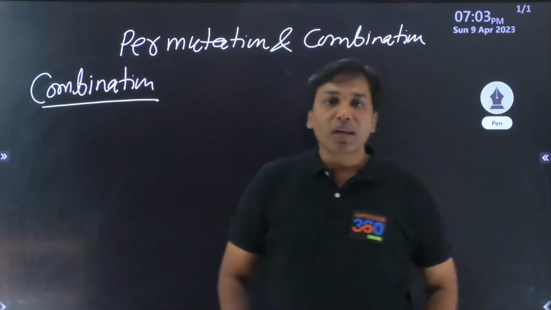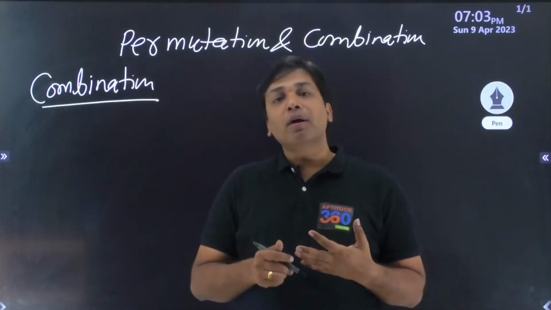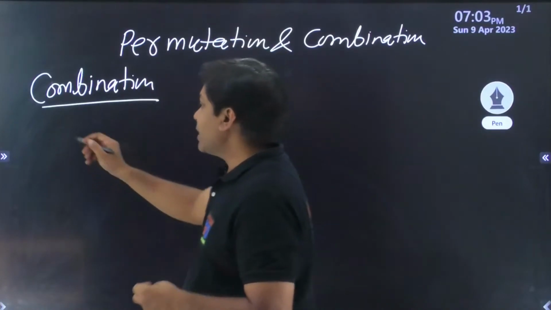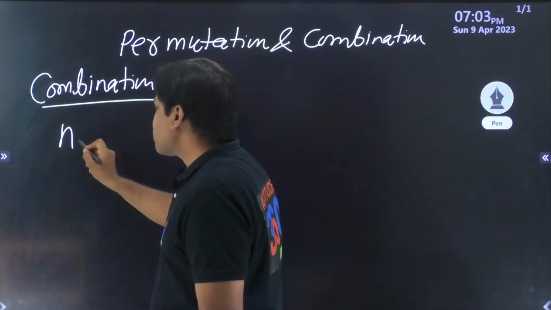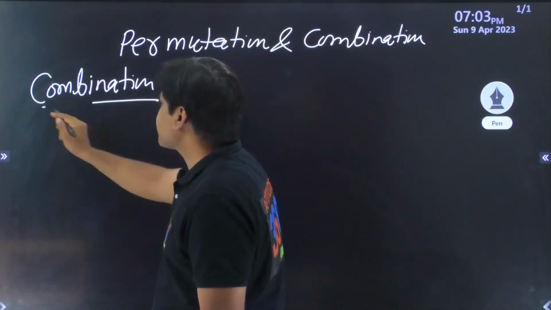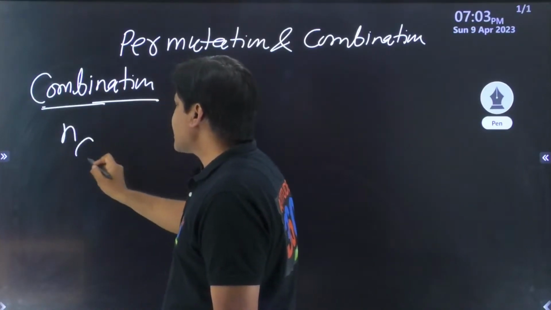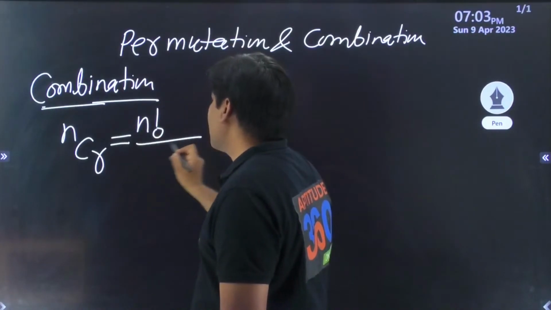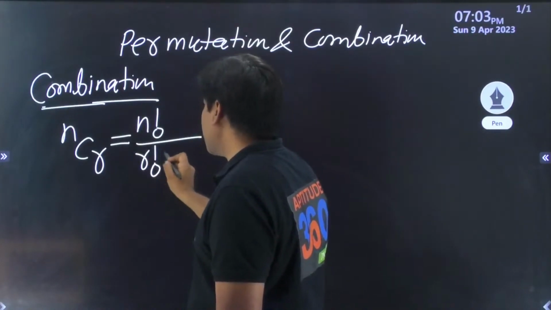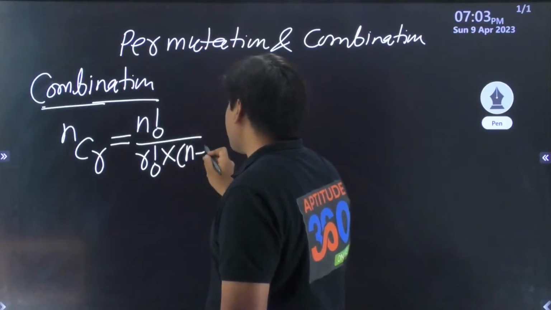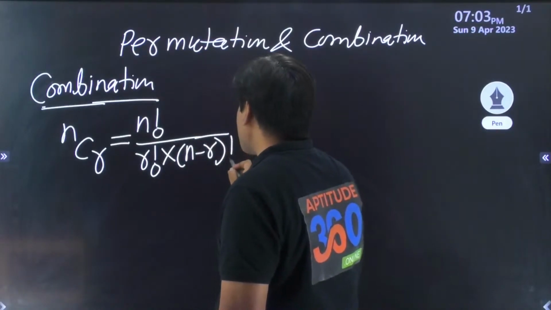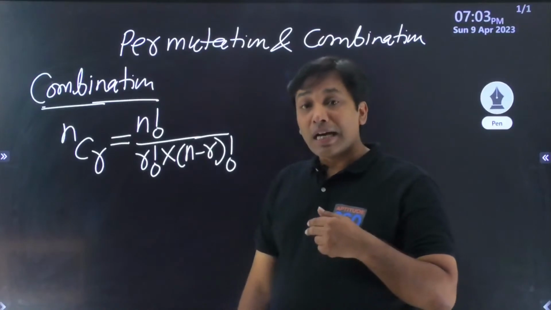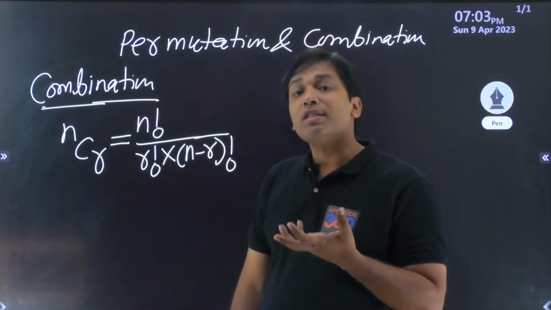Okay, understand this. When we talk about combination, the formula that everybody knows is what? nCr is equal to n factorial over r factorial into n minus r factorial. And in the last session, in fact, we talked about the meaning of factorial.